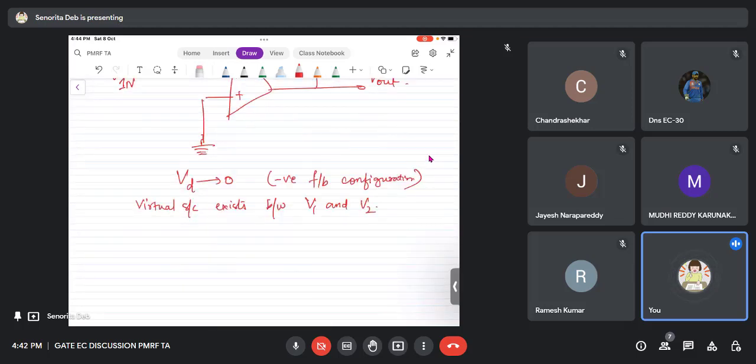And because there is a virtual short circuit between V1 and V2, and one of the nodes is grounded, then the other node will also become 0, right?